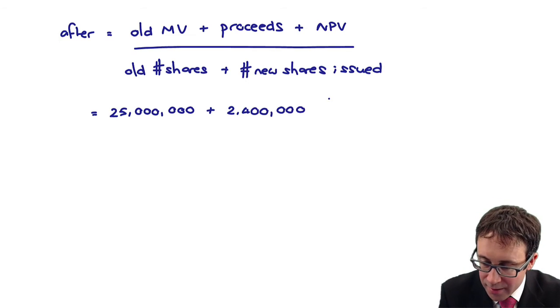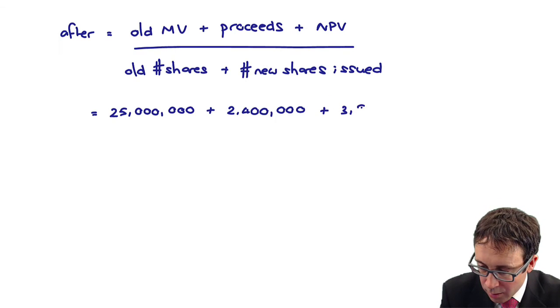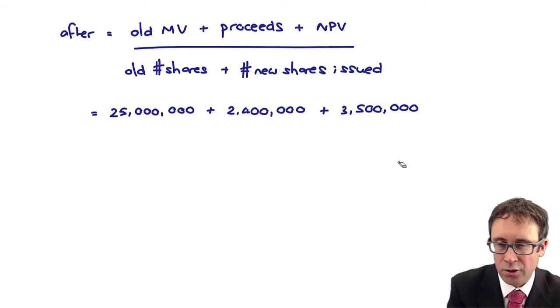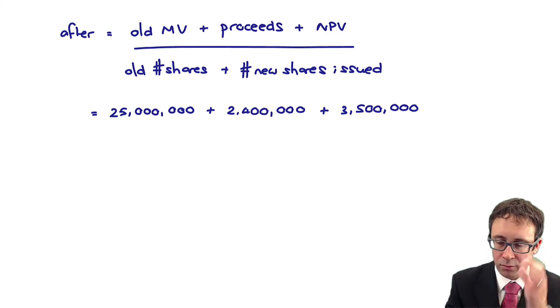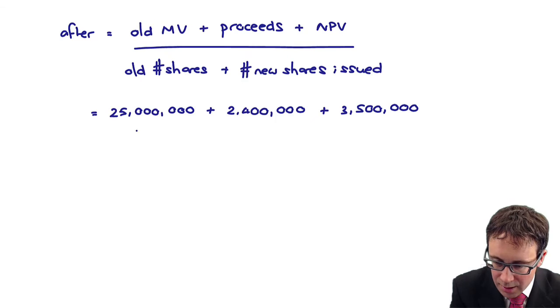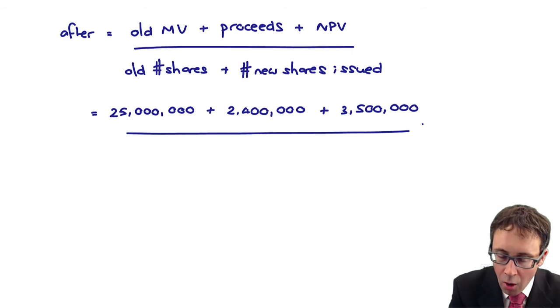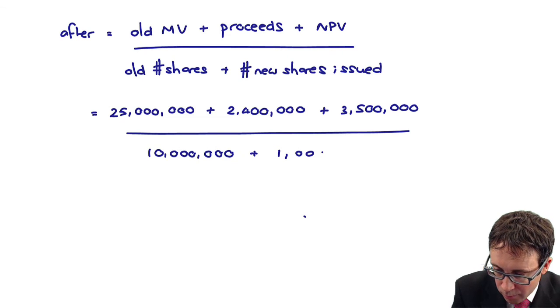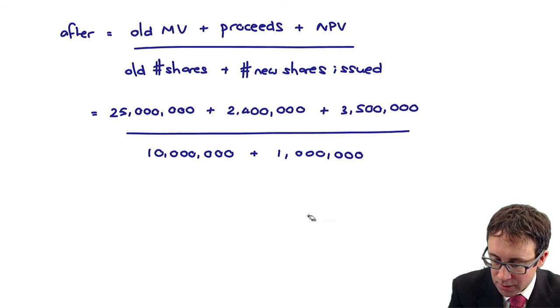The NPV was the 3.5 million. You could just work in millions, but we'll put it in full figures. The old number of shares was 10 million. The new number was 1 million, wasn't it?